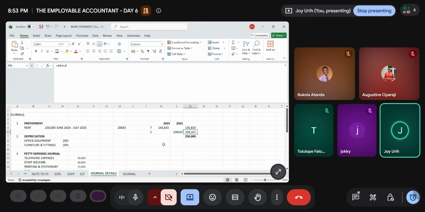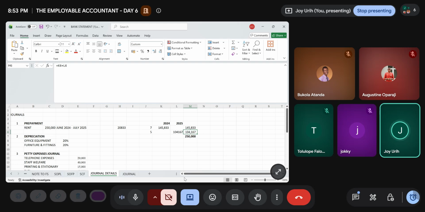So what are we going to do now that we have identified this transaction? Remember, you have to identify the transaction first, then you determine the accounts that are involved. So the transaction is prepaid rent. You want to recognize prepaid rent, right? So what are the accounts involved?